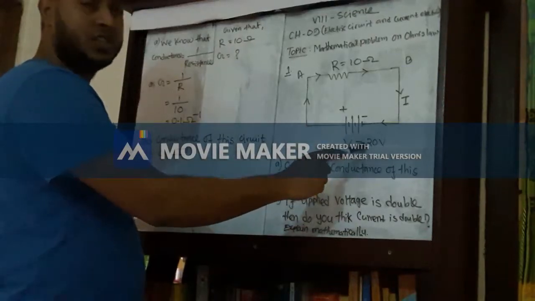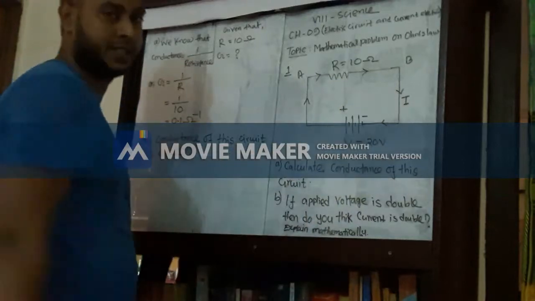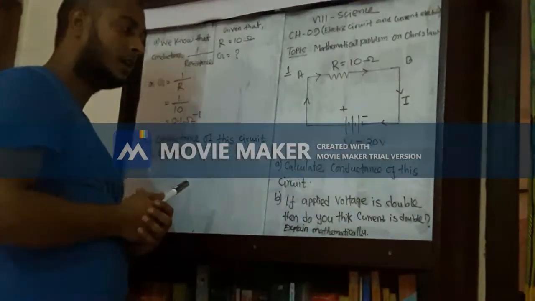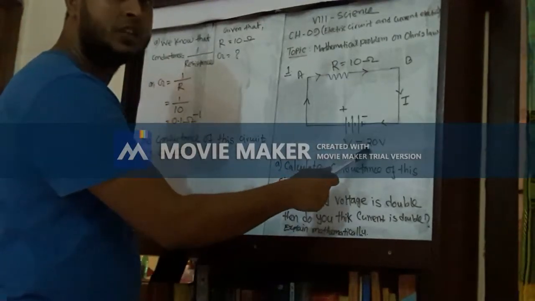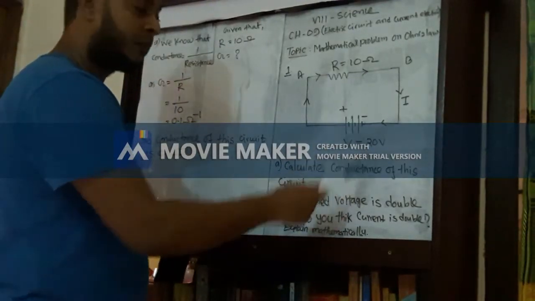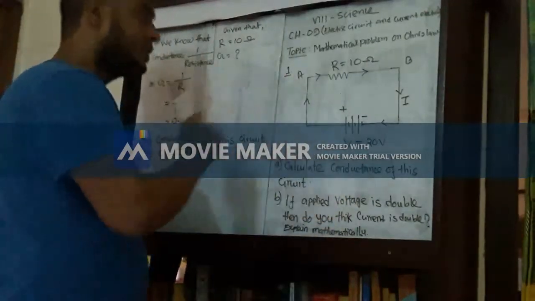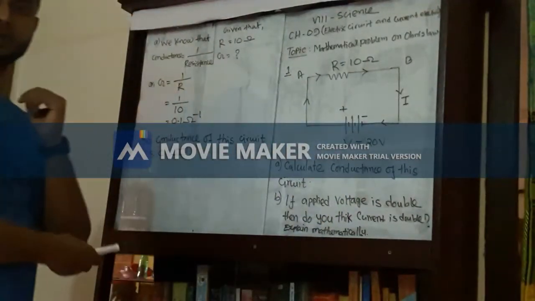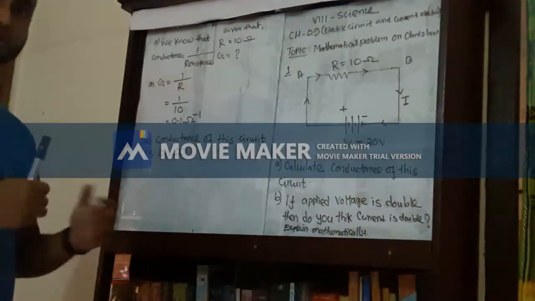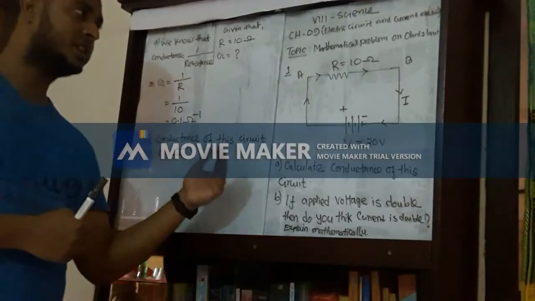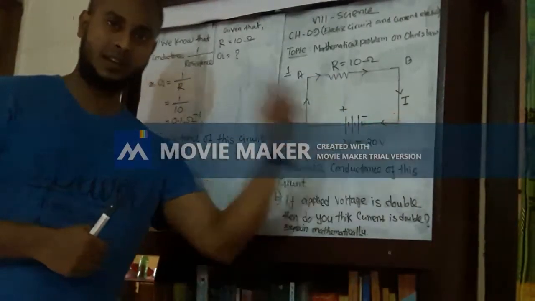In previous voltage, I have to find out the electric current I at first, and then when the voltage is double, that means when the voltage is 20 into 2, 40 volt, for that 40 volt, I want to find out the current of this circuit, and I have to show that that current is double than that of this given current I. Let's start.